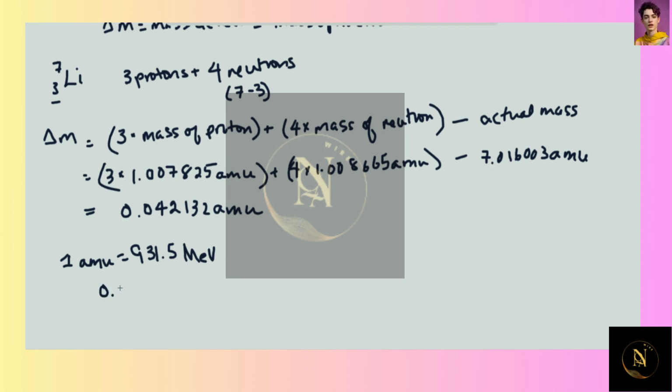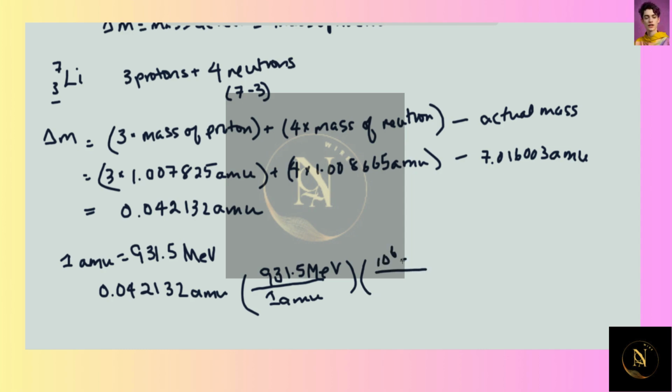So if we had 0.042132 atomic mass units, we can change that to electron volts, knowing that there are 10 to the 6 electron volts for every 1 mega electron volt. And so the energy released in electron volts per nucleus is 3.92 times 10 to the 7 electron volts.